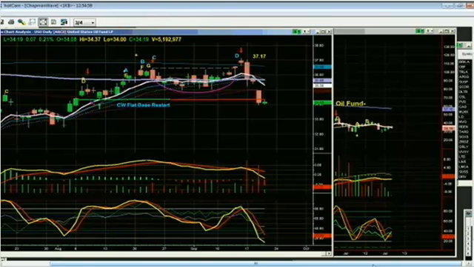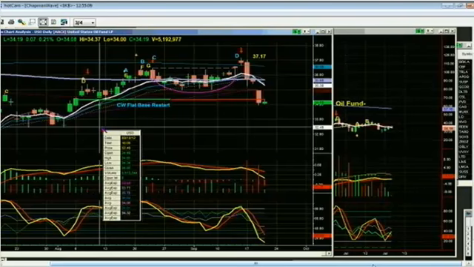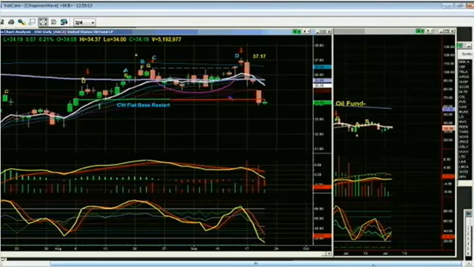It'll go underneath that low, and it should, within 1 to 2 bars, come back and try to retest the most important low bar, in this case 34.34, and if that fails, it'll make a lower low.